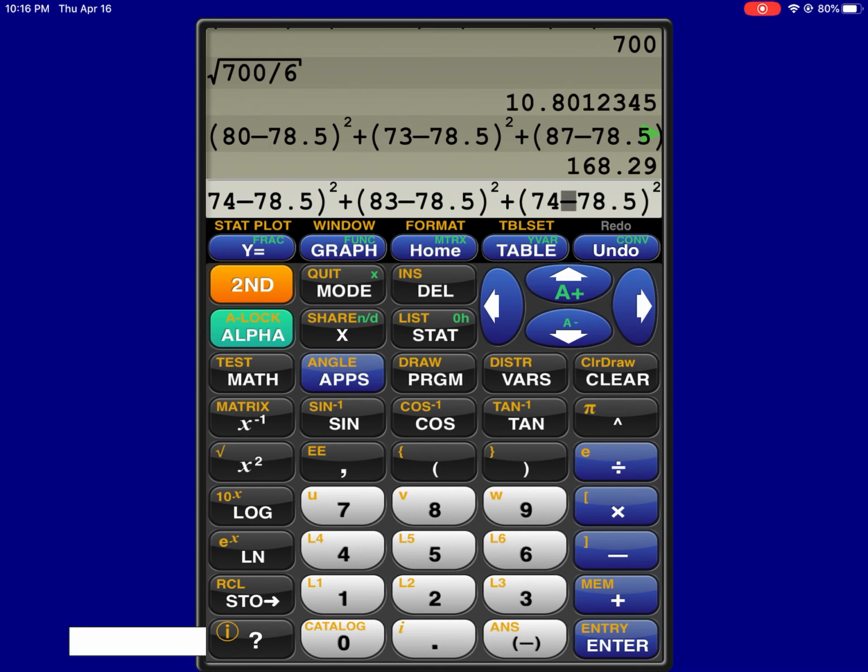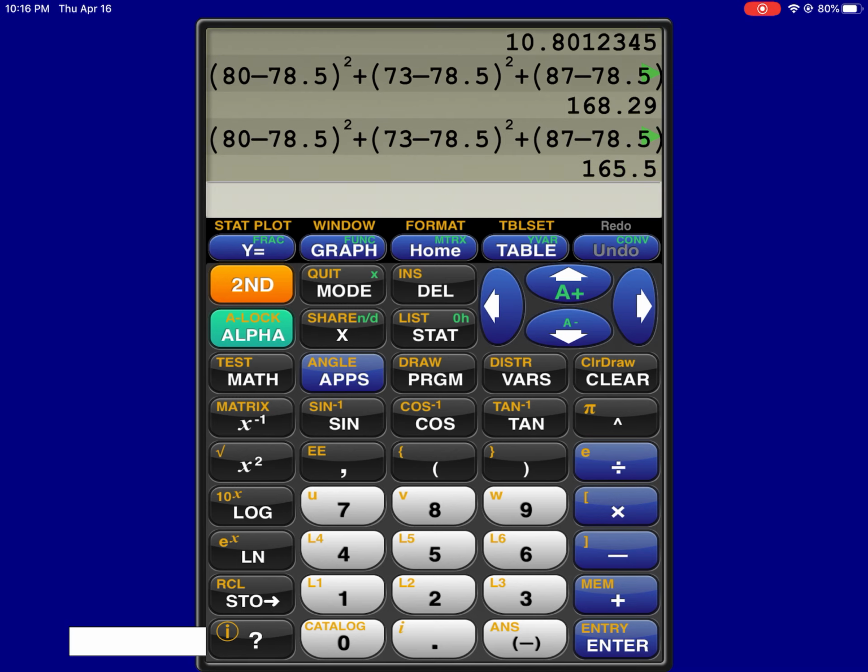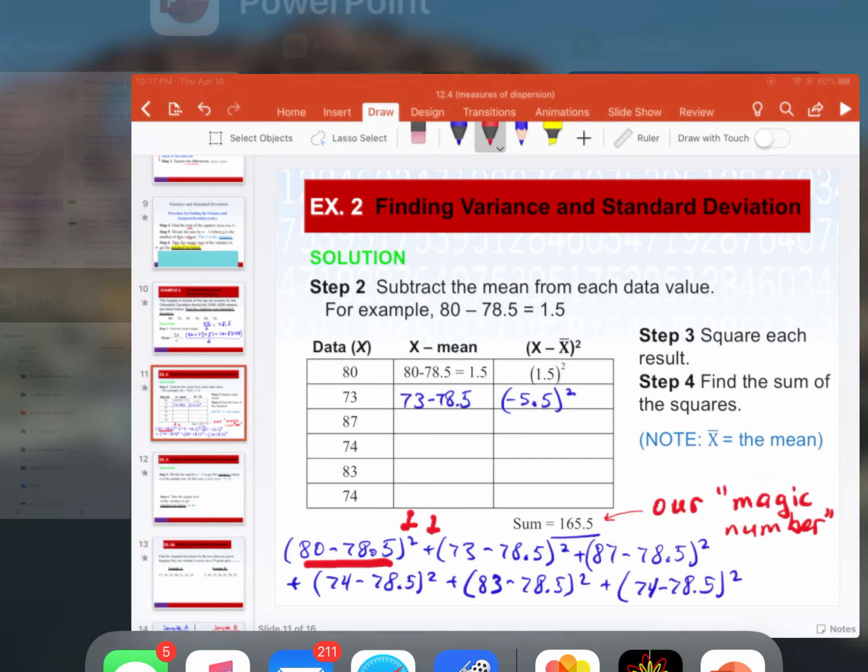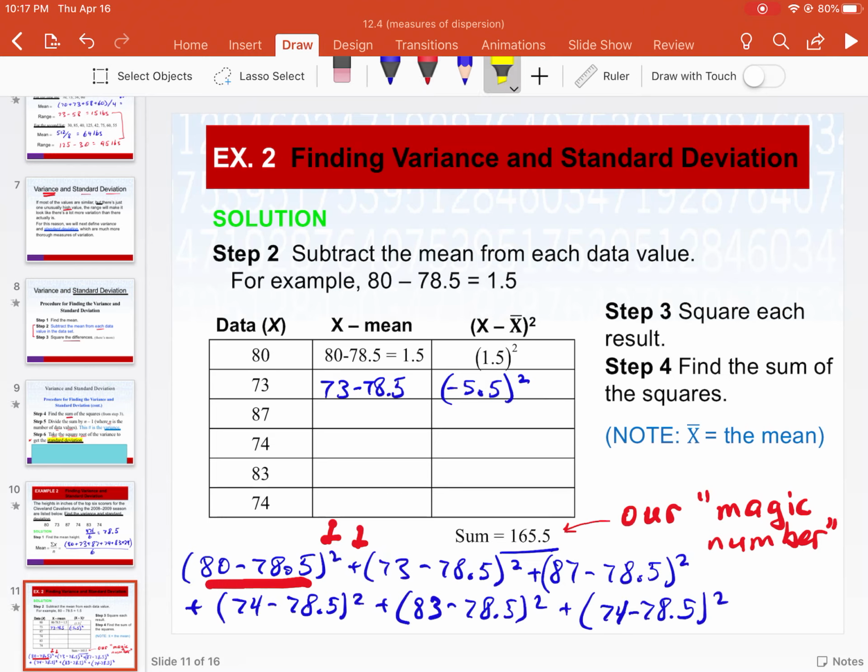See that, gang? You've got to be careful. I'm just scrolling through. Okay, there it is. 168.5. I knew it. All right, so we write that down, and we remember that, and then we come back to our work, okay? And there it is.